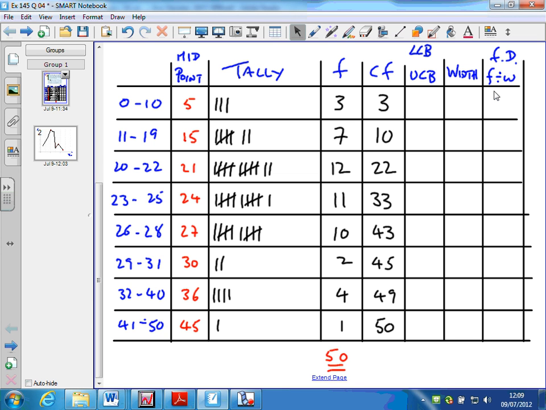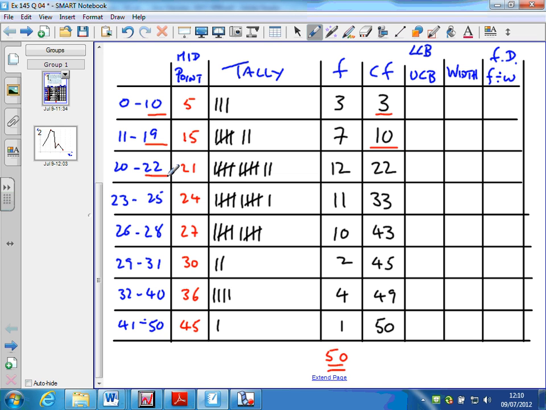Now I want to know what the upper class boundary is for this value. So I'm going to plot the highest point in the group. So I'm going to plot 10. What I'm saying is there are 3 pieces of data, so the frequency is 3 up to 10. Then up to 19, there are 10 pieces of data at 19 or less.